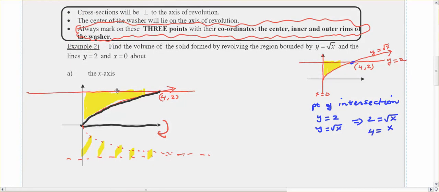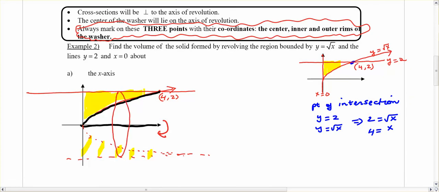Okay, and then what we get when we do our rotation is that we're going to get washers. I'm going to try and sketch one of these washers. And let's write that down. We're going to get washers. And the thickness of my washer is going to be delta x, because you can see it's in the x direction, the thickness.